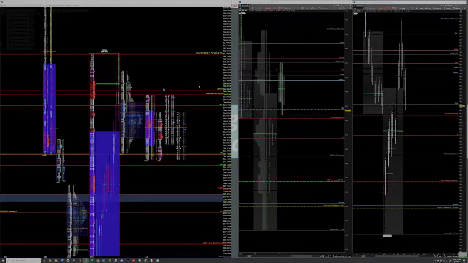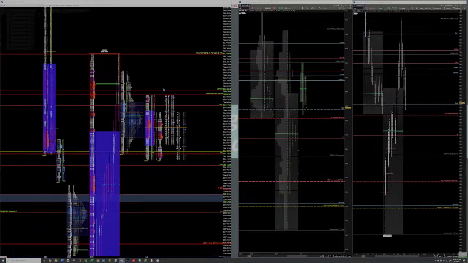Yesterday was very mechanical. What I don't like for this day, okay, is the chop.